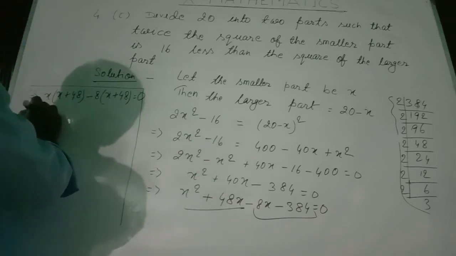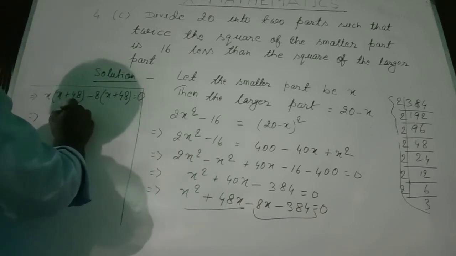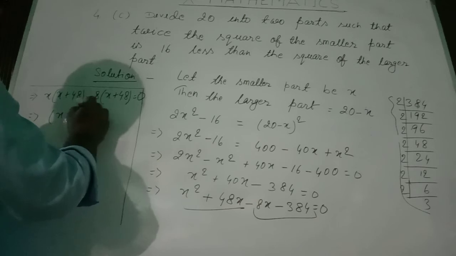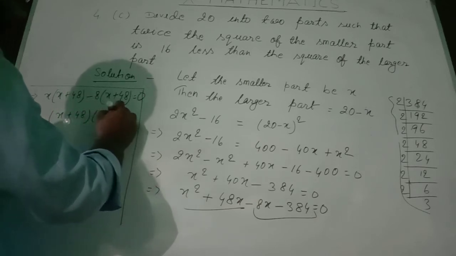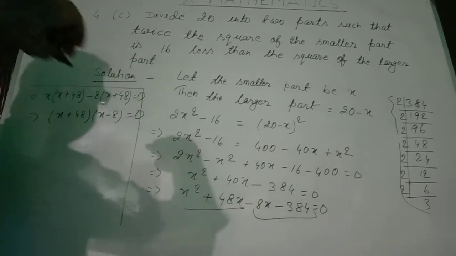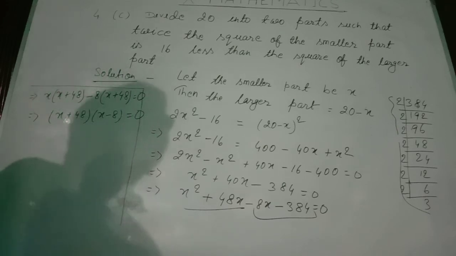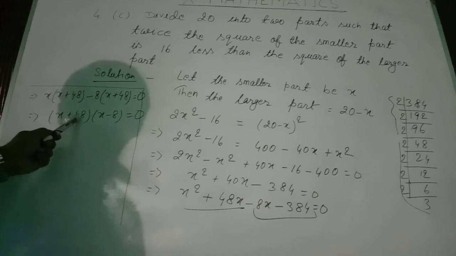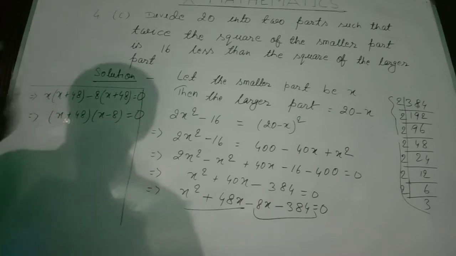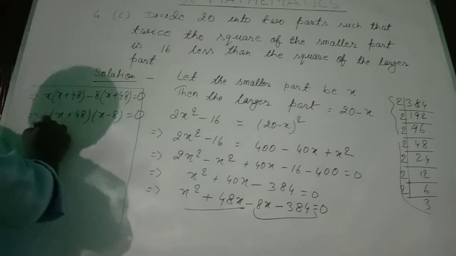So the common factor is x plus 48 times x minus 8 equal to 0. If we take x plus 48 equal to 0, then what are we getting?